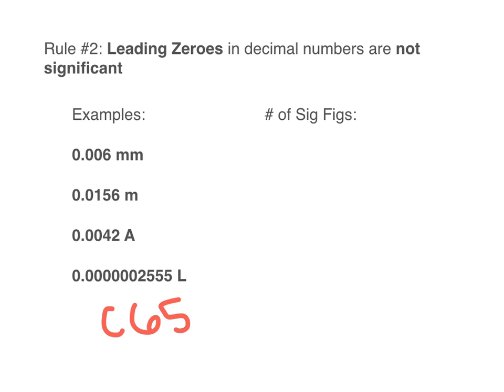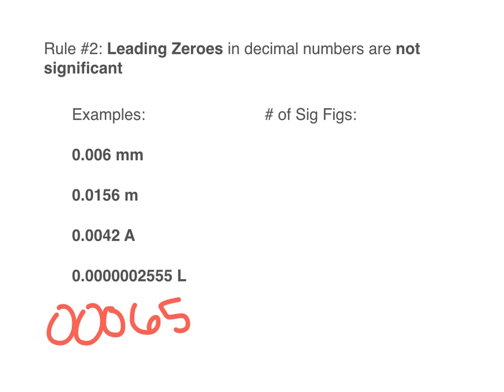I could put a whole bunch of zeros in front of it, but that's still 65. The reason you don't see any is because we never write them in front anyway. If we did, it would be considered improper. So leading zeros are not significant. What does that mean? We don't really count them.